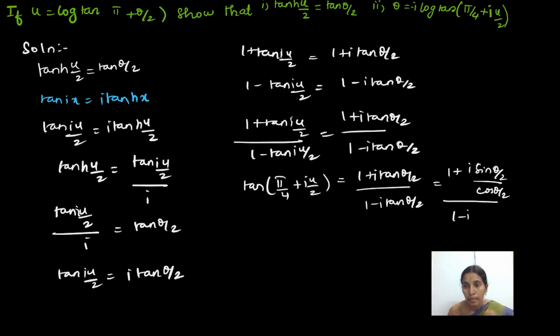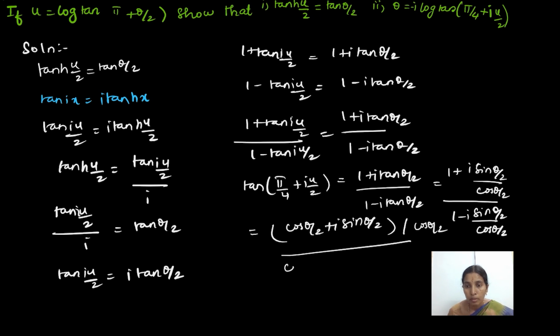Similarly, 1 minus i sin theta by 2 by cos theta by 2, and then solve the above one. What we will get means cos theta by 2 plus i sin theta by 2, whole thing divided by cos theta by 2.